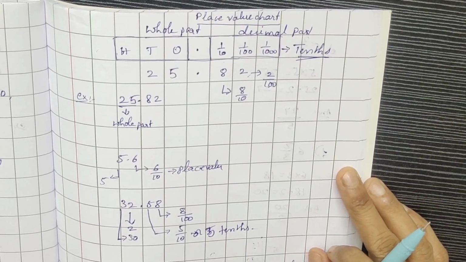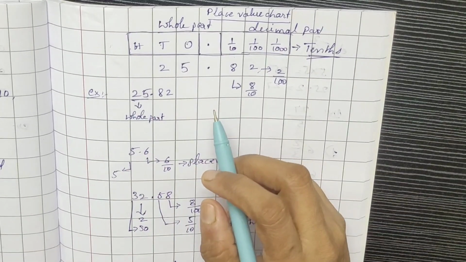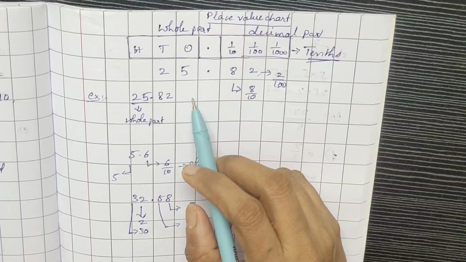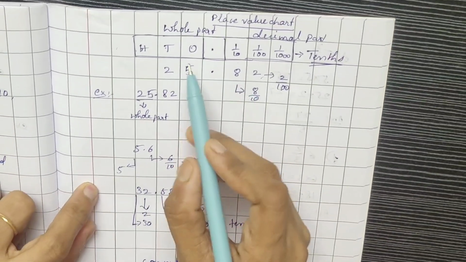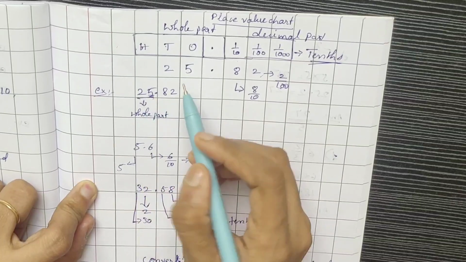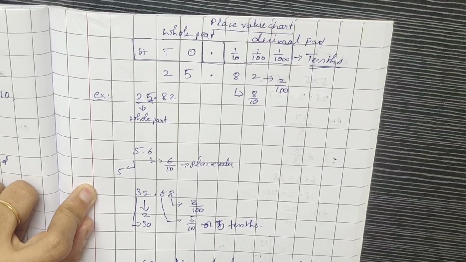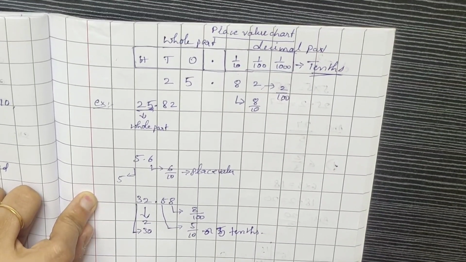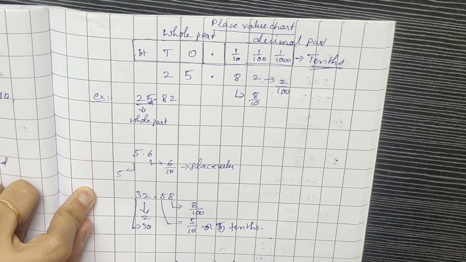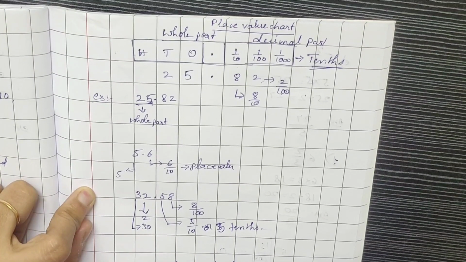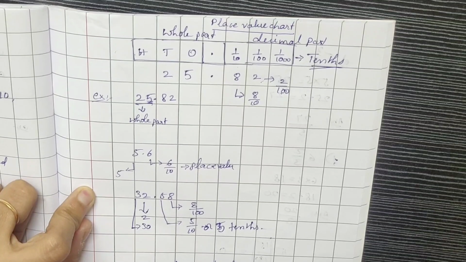Okay. Here, example 25.82. How to write this? How to place this? So, 25 is a whole number. You all know how to write the place value of a whole number. 5 is in the ones place, 2 is in the tens place, right?